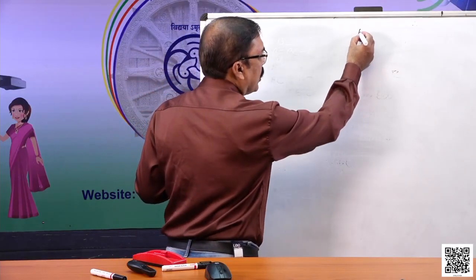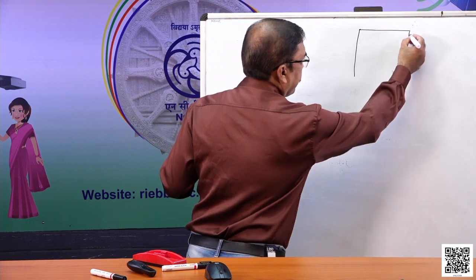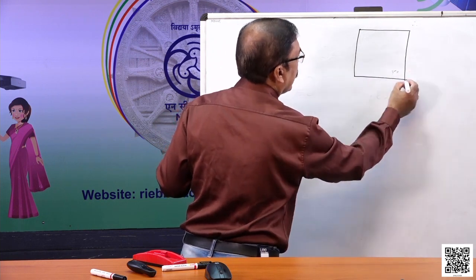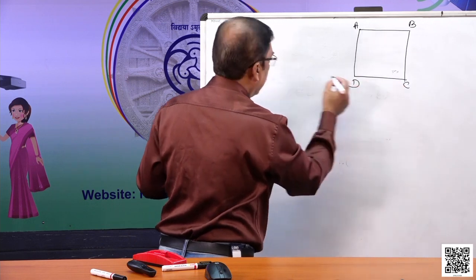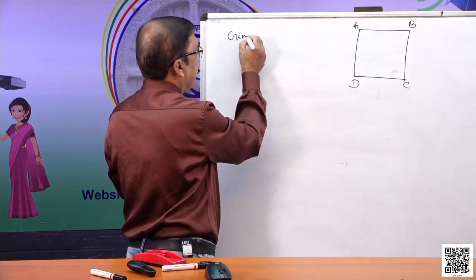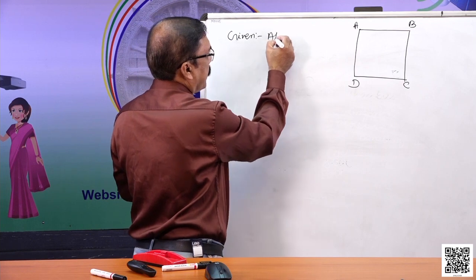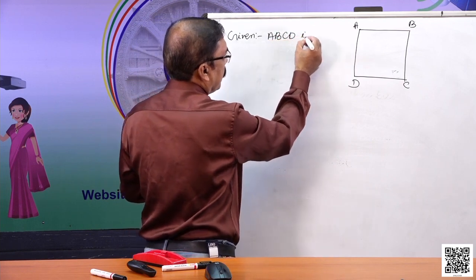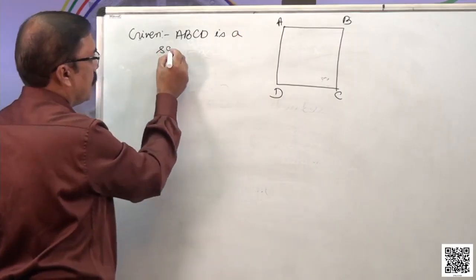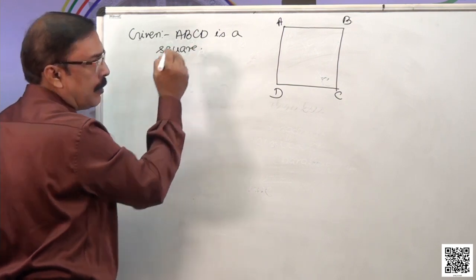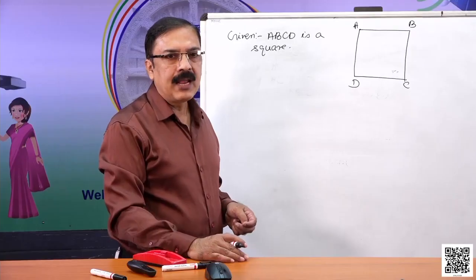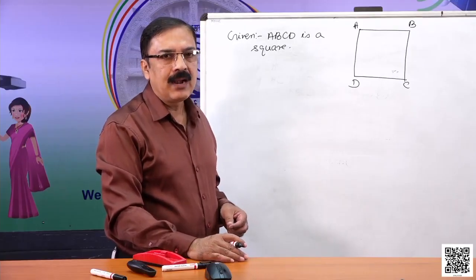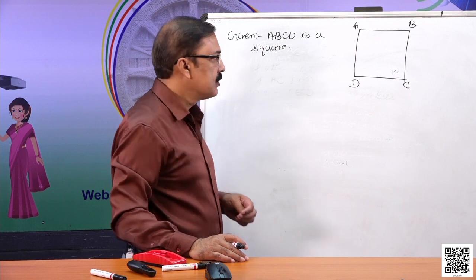So let's draw a square. ABCD is a square. What to prove? We have to prove that the diagonals are equal and bisect each other at right angles.